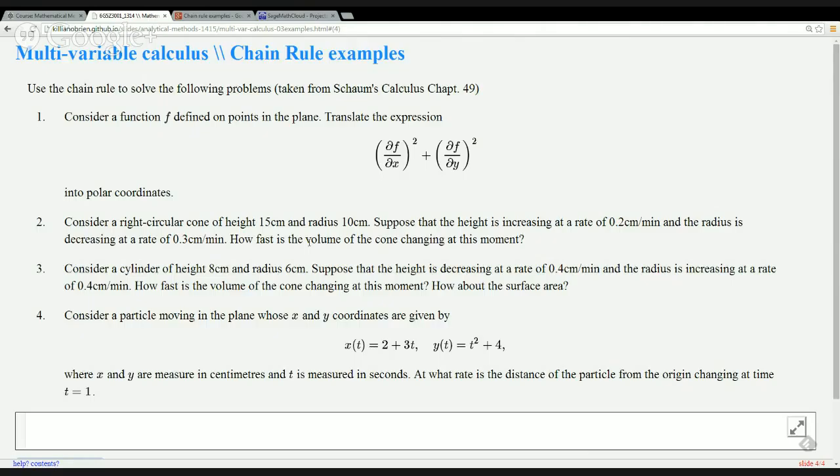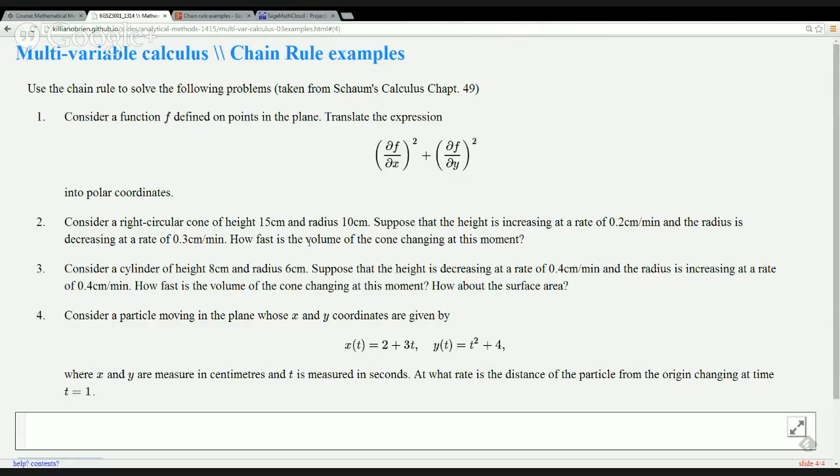If the radius decreases, that will tend to shrink the volume, but if the height increases, that will tend to increase the volume. So the question is, what's the combined effect? How fast is the volume of the cone changing at that particular moment, given those starting values, 15 centimeters and 10 centimeters? There are similar questions about a cylinder, about the volume and the surface area.